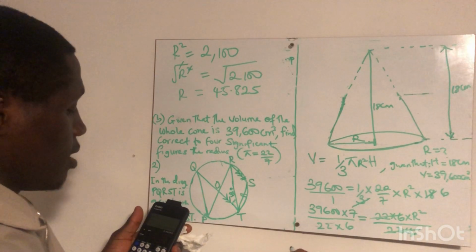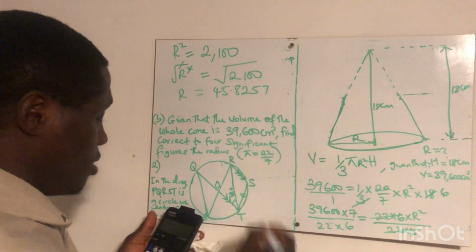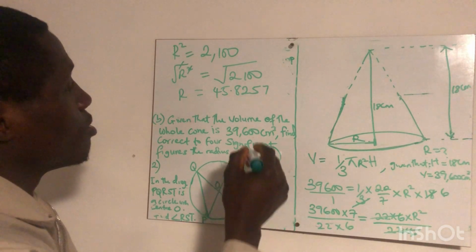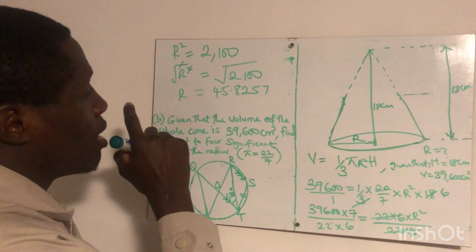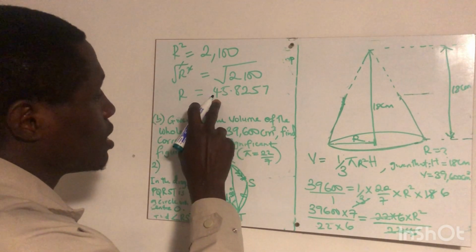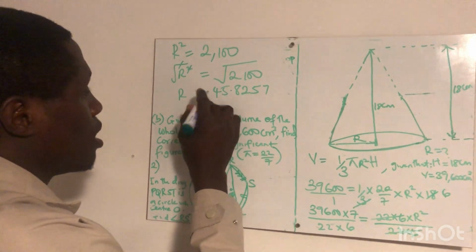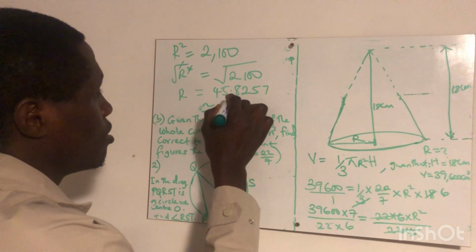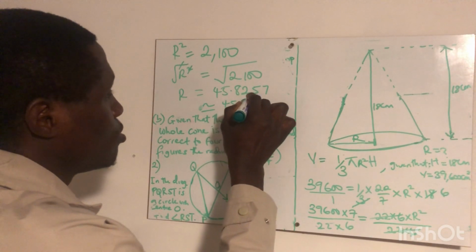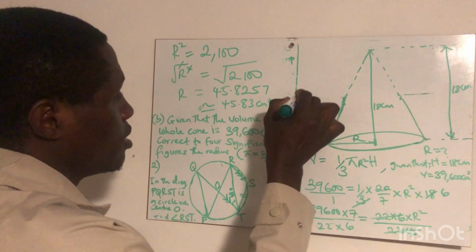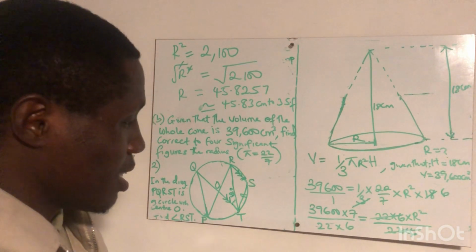Now to 4 significant figures, you count 1, 2, this one is significant, this one is significant, 1, 2, 3, 4. So this one is going to be approximately 45.83 centimeter to 4 significant figures.